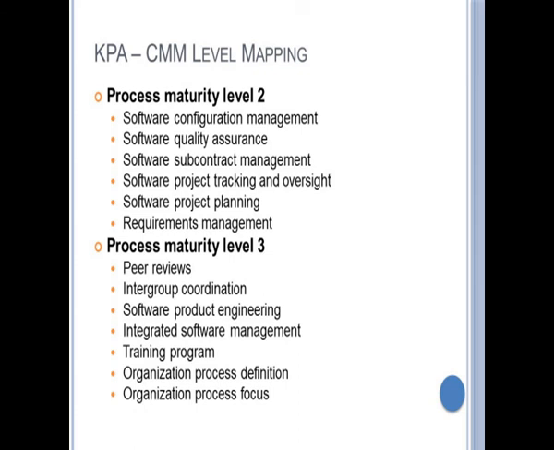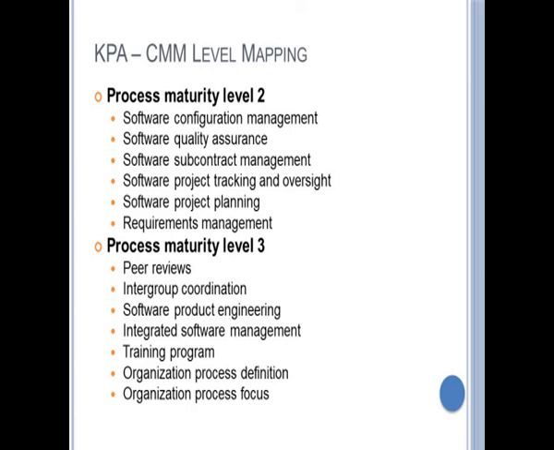So: requirements management, software project planning, software project tracking and oversight, software subcontract management, and software quality assurance. Then software configuration management, that is maintaining the integrity of the products of the project. These are the major key process areas at level 2.